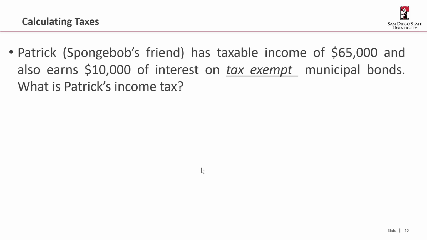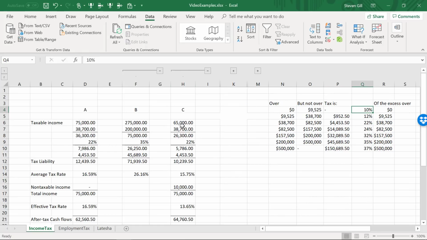Okay. So Patrick, who is SpongeBob's friend, has taxable income of $65,000 and also earns $10,000 of interest income on tax-exempt municipal bonds. What is Patrick's income tax? So Patrick's taxable income is only $65,000.